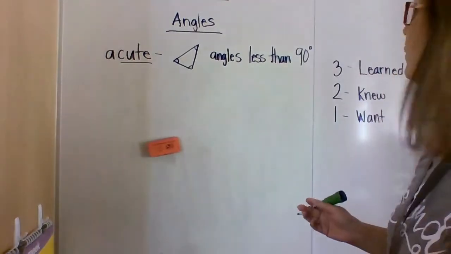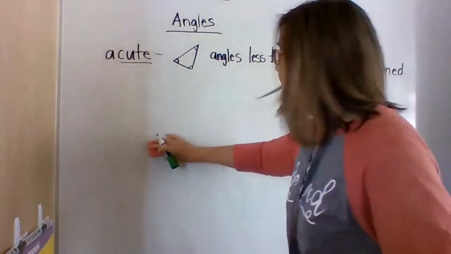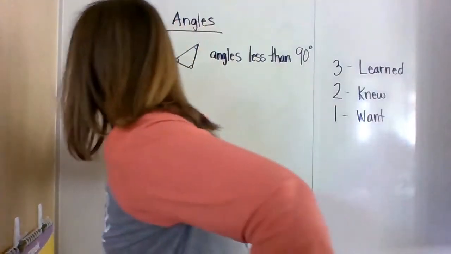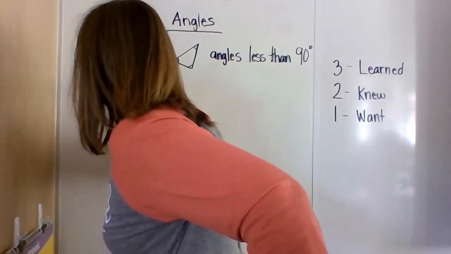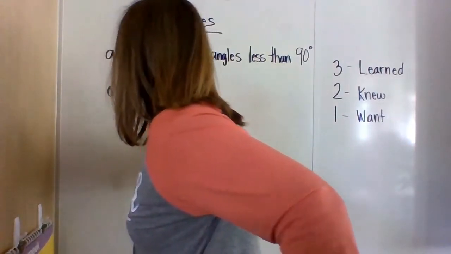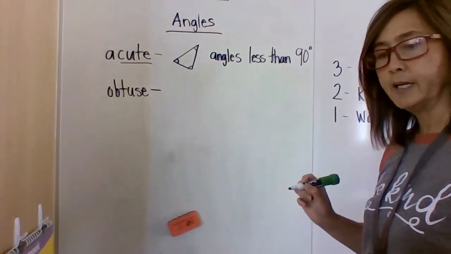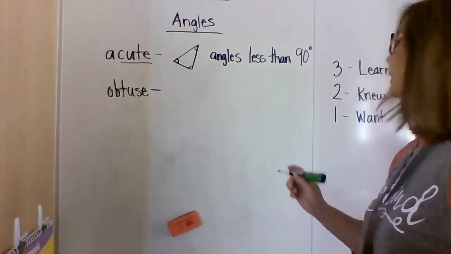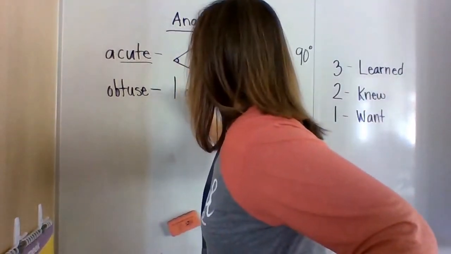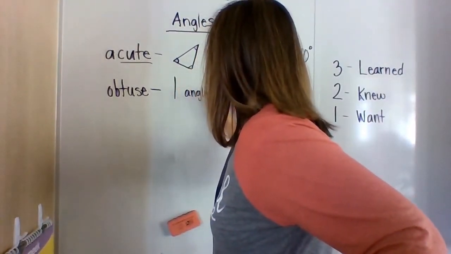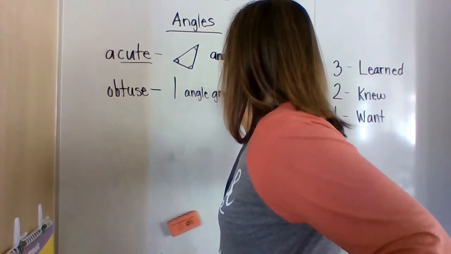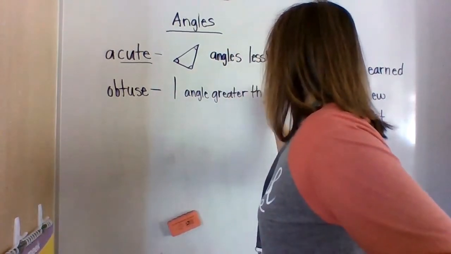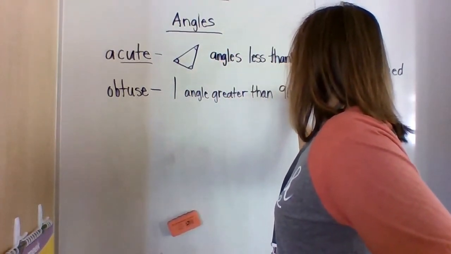And that leads us into our next triangle. We have an obtuse. So an obtuse triangle has one angle that is greater than 90 degrees.